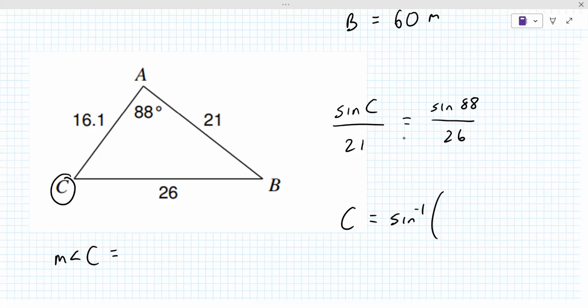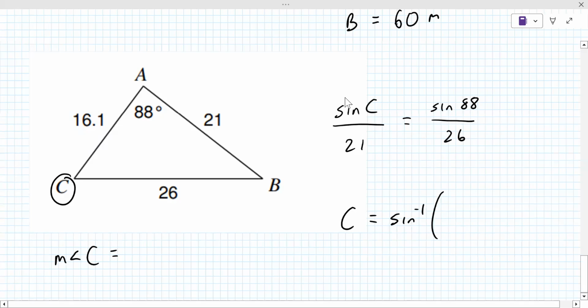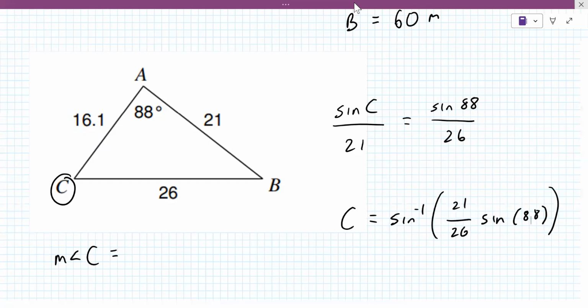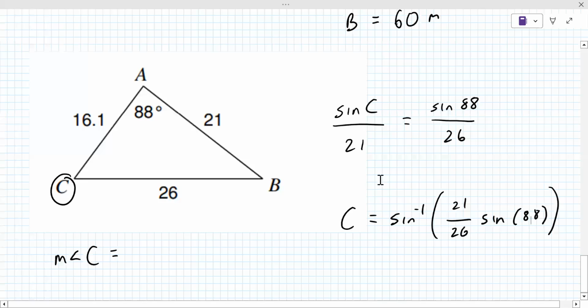So when you take the arc sine, it undoes the sine, so you just write the angle. This is what I heard, and this is correct. It is sine C until you take the arc sine, and then it undoes that.